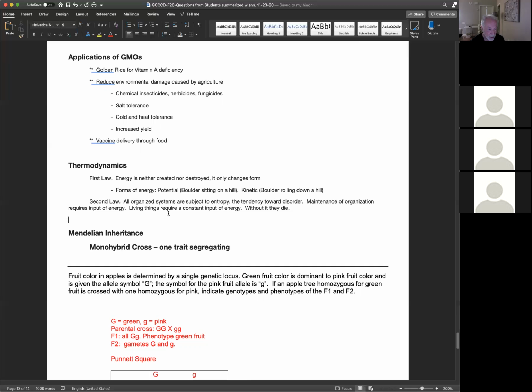So living things, being organized systems, require a constant input of energy. And if they don't get it, they die. All the enzyme reactions stop if they don't have a constant input of energy. So that's the take-home message about thermodynamics.